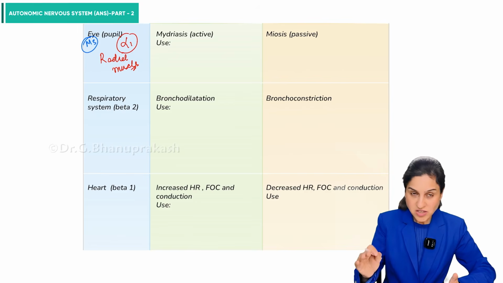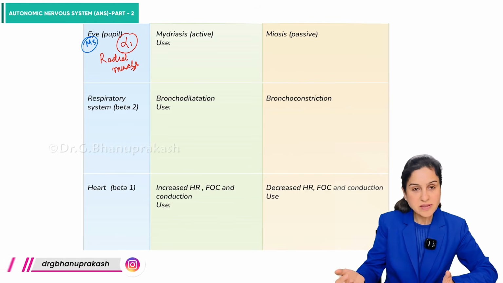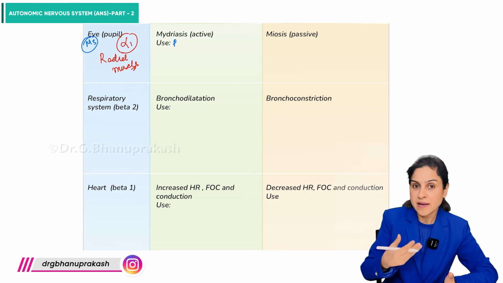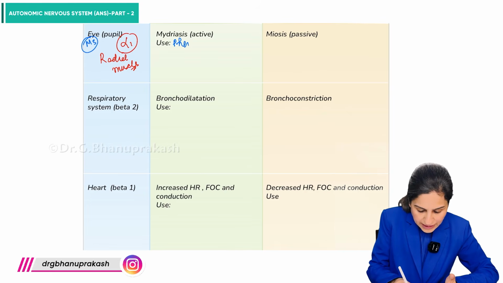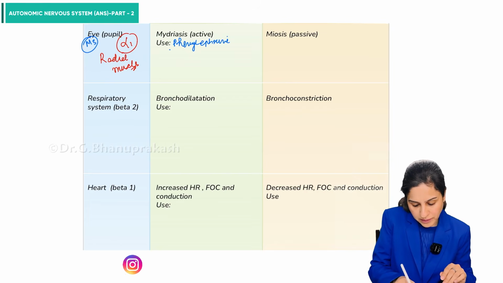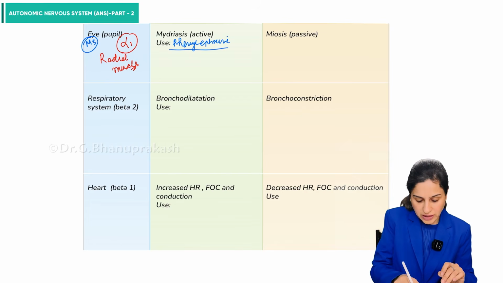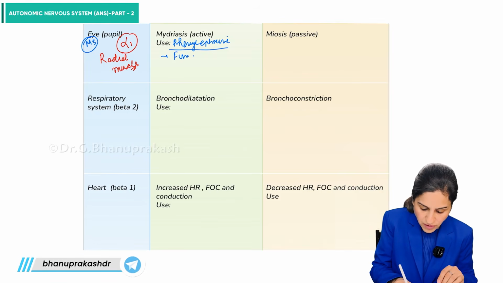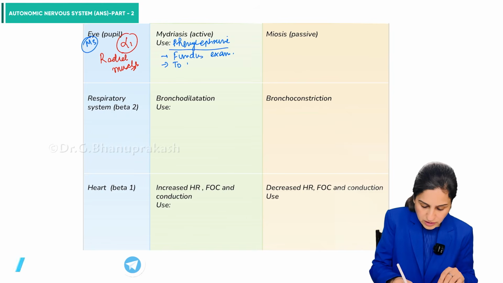Alright, so active mydriasis, which are the drugs which can cause this and we are using them therapeutically? So we have phenylephrine. This phenylephrine is going to cause mydriasis. So we can use this in fundus examination for the testing of the refractive errors.